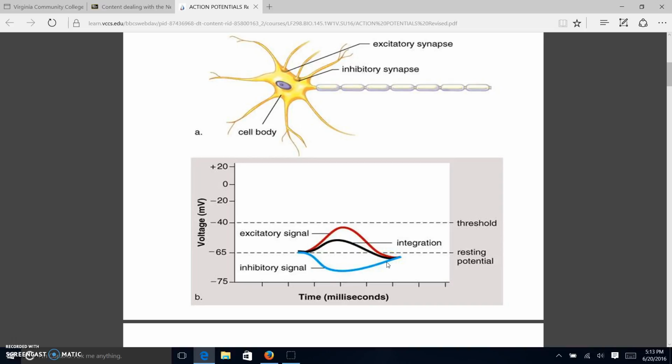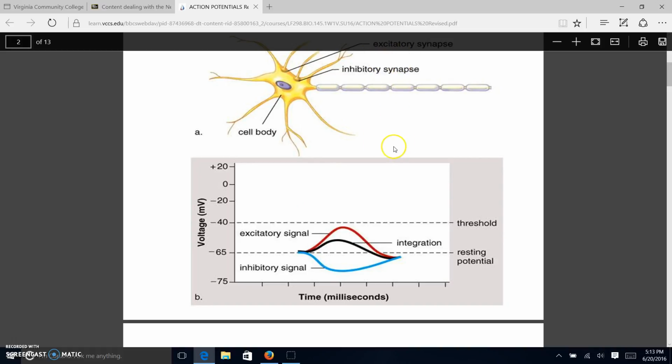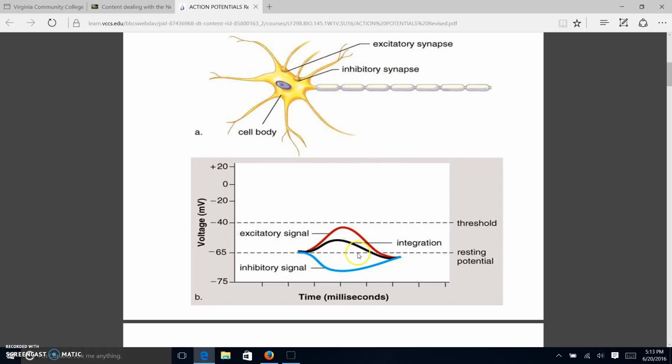Now, at the same time, notice that we have another line up here. In this case, it's negative 40 millivolts. That's called threshold. Our goal in trying to get excitatory synapses is for our integration line to reach threshold. If we reach threshold, then the next step, which occurs down here at what's called the axon hillock, the beginning of the axon, would trigger the action potential or the nerve impulse down the axon.